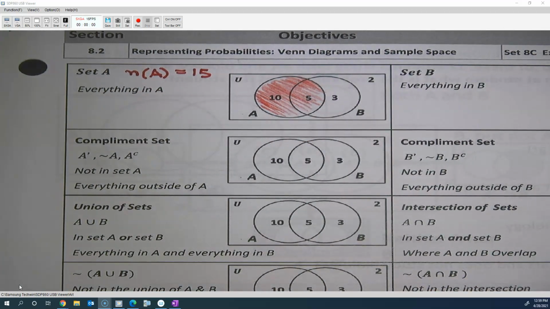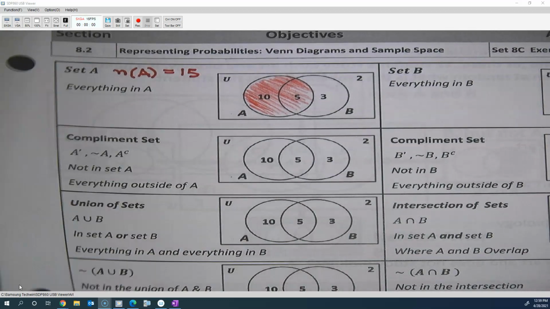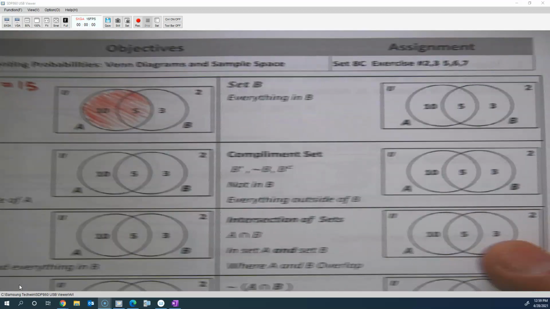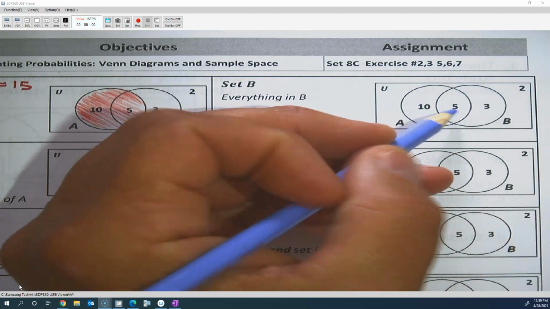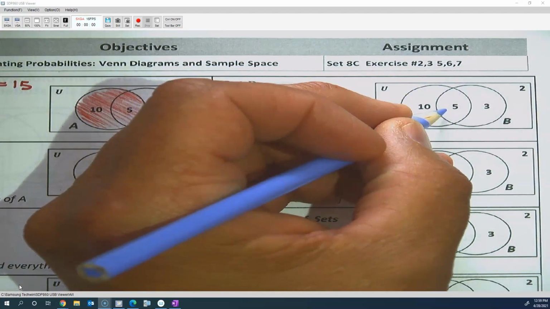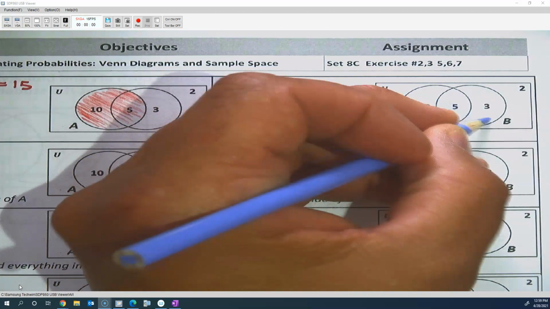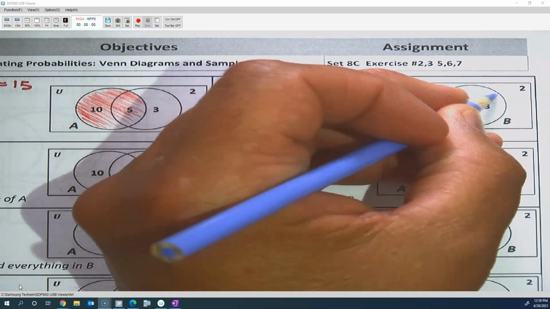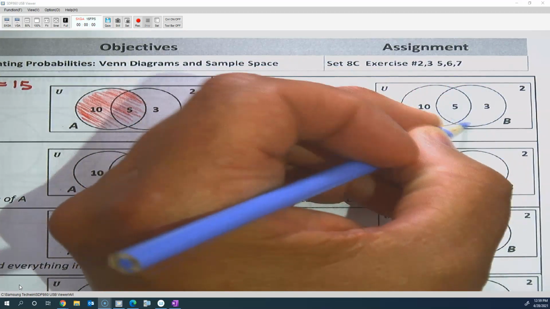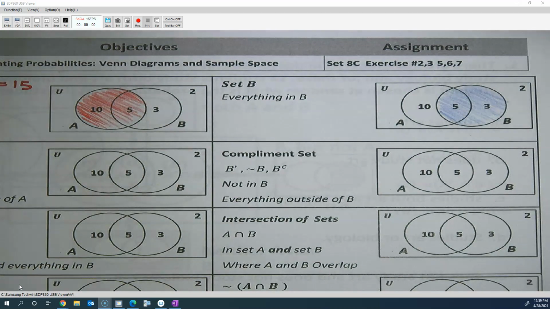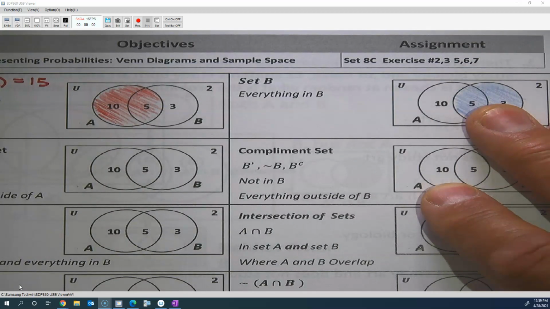Simple enough. Everything in B, think of it like a neighborhood here with a circular fence around it. So if you live in B, you live in this area, and the number of items or houses in B would be 8.